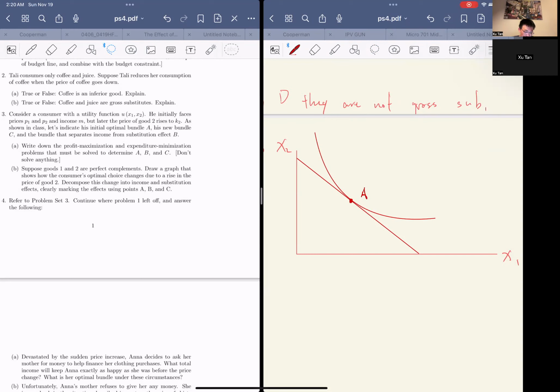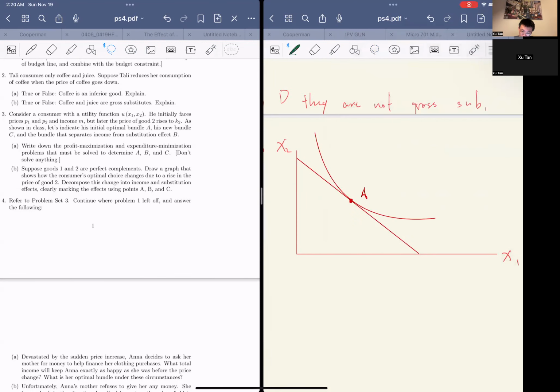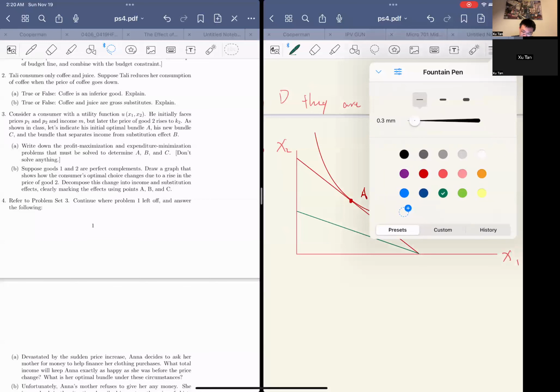And the price of good 2 rises to K2. So our budget changes. We can no longer afford that many X2 because it has become pricier.